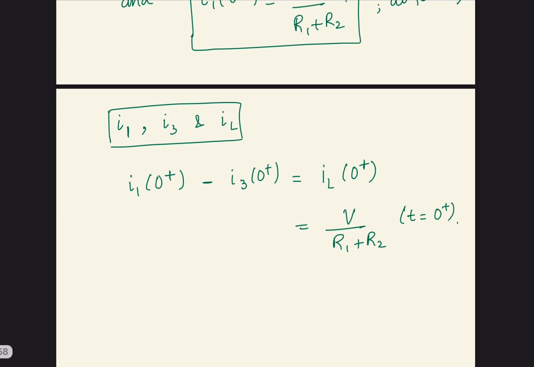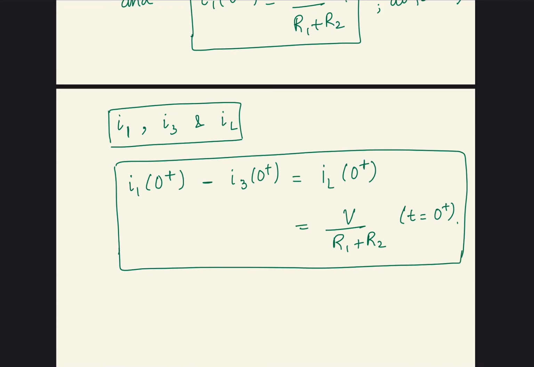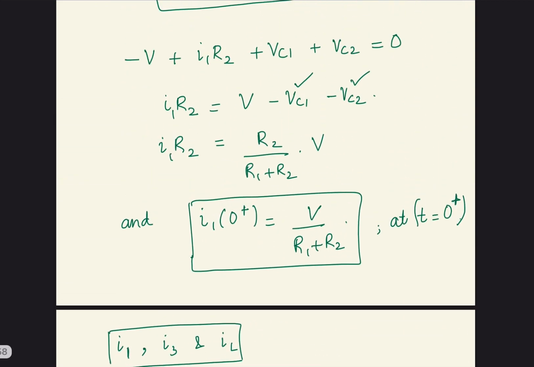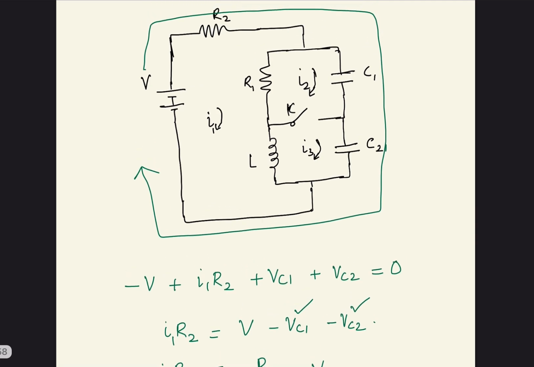And where do you get this equation from? Can you guess? How do you derive these two equations? This is the current in the loop like this, and I1 is the current going outwards in the outer loop like this.